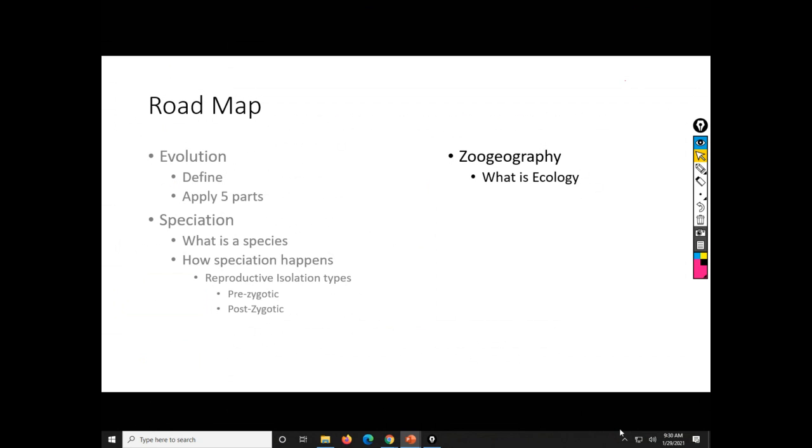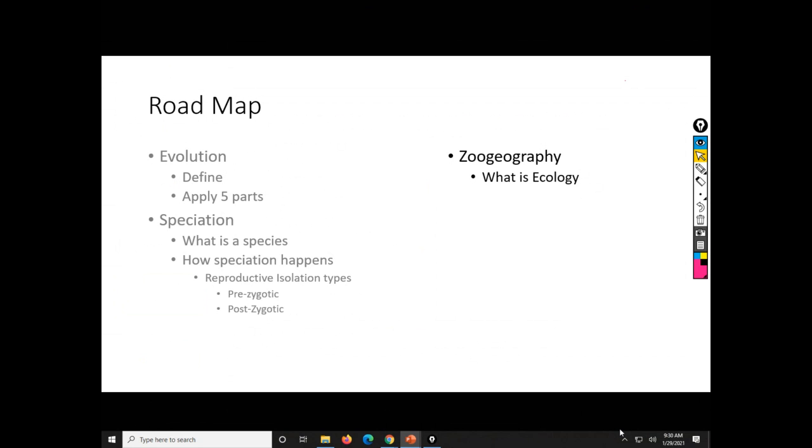In other words, now that we understand generally what a species is, we want to think about how ecology, this environmental idea, tells us where we might find, or what habitat we might find some of these species in.